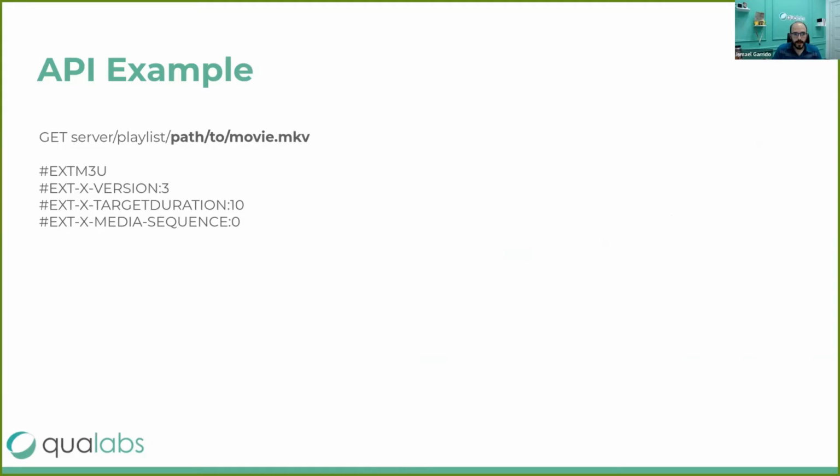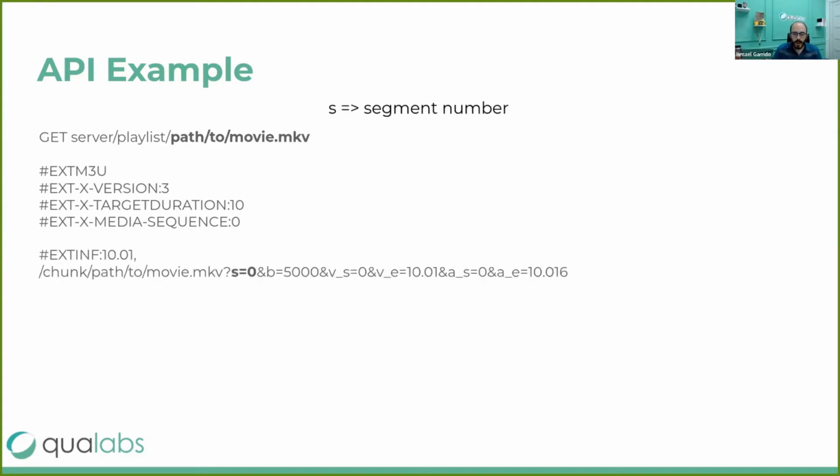Each segment will have an EXTINF tag that says how long the segment is. On that path, we'll have all the information we need to create that chunk when we need it.